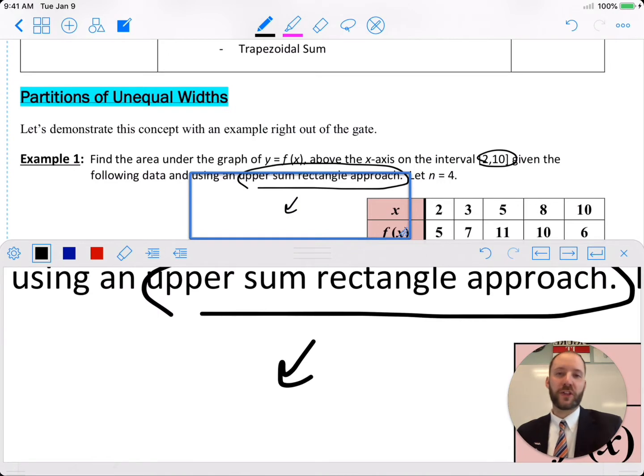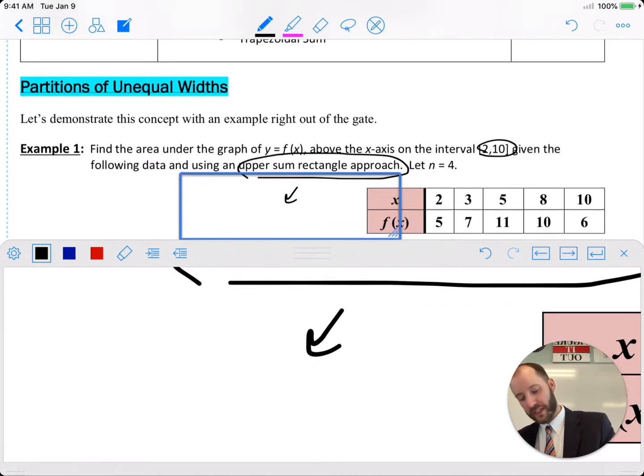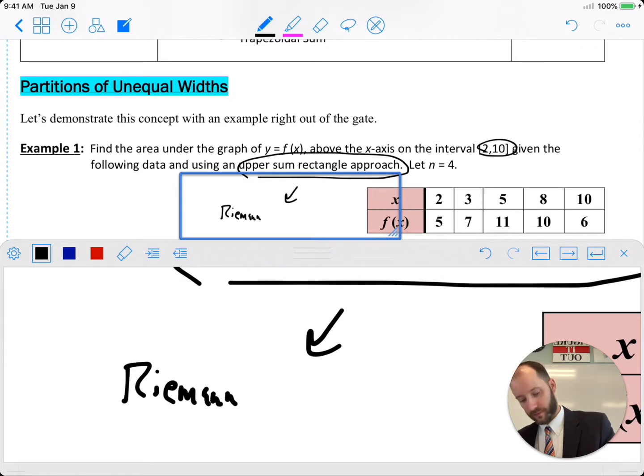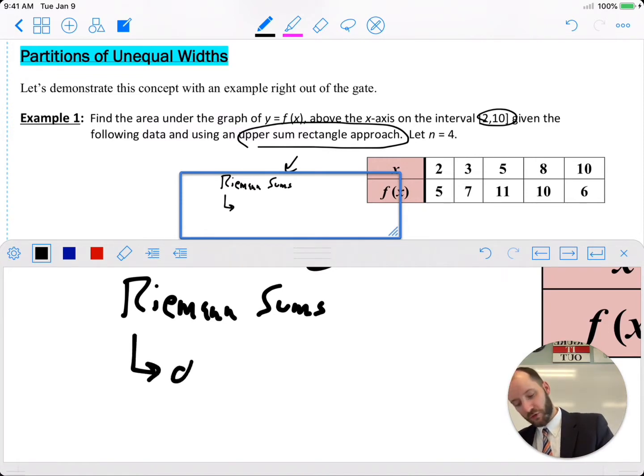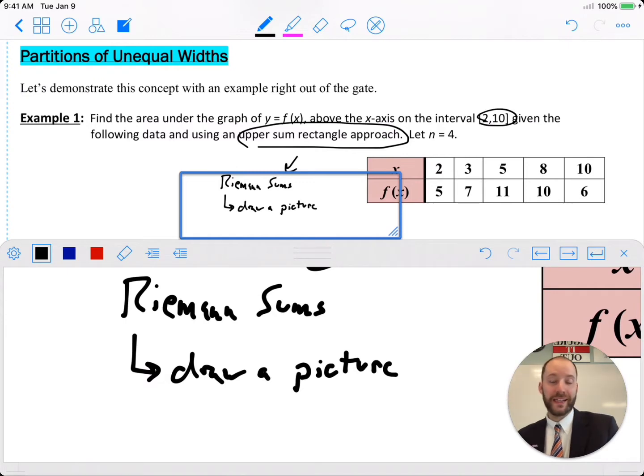Now the upper sum rectangle approach, what this means is you're using Riemann sums. And when you're doing Riemann sums, that's kind of your red flag. Riemann sums mean to draw a picture. If you're not already given one, you want to quickly create one.